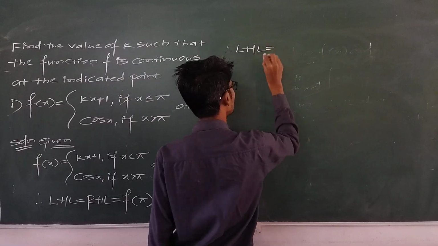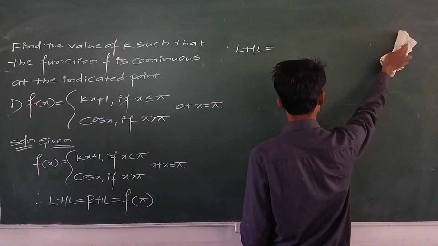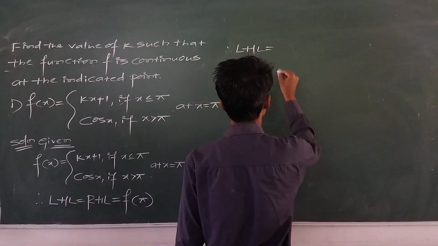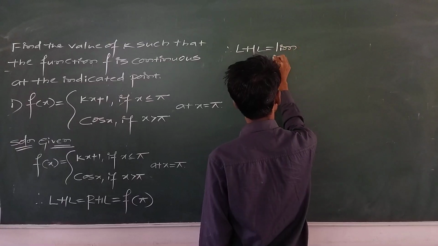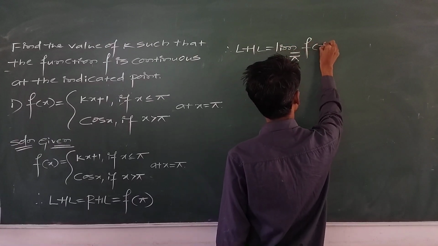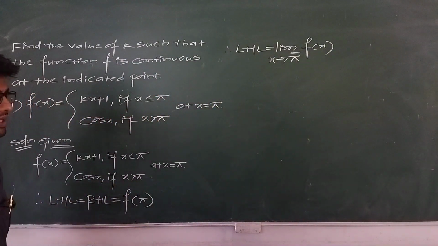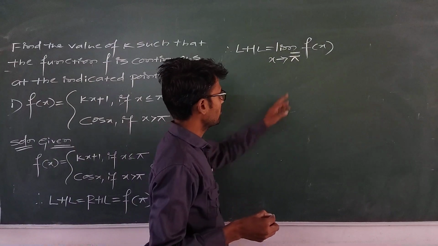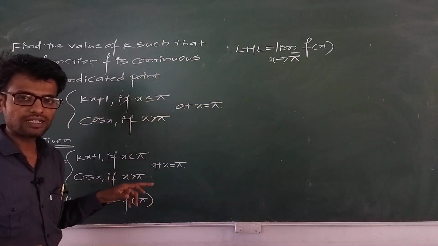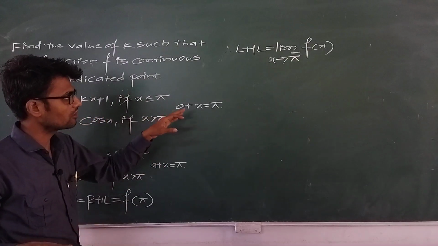So LHL is equal to the limit of x tends to pi minus of f of x. Here pi minus means we are finding the value of k, and the function is given as continuous at x equal to pi.